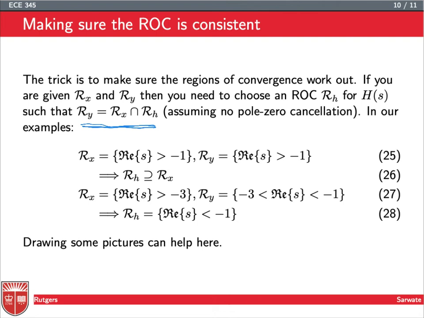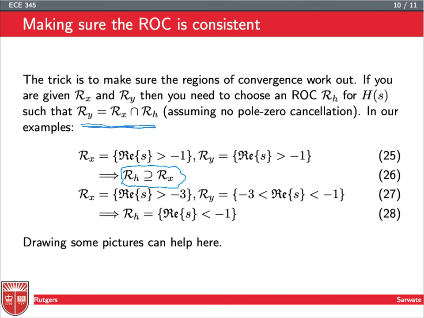So you have to first check to make sure there's no pole zero cancellation. But in our examples, we could see this. In the first example, we just needed RH to be bigger than Rx because the output Y had a region of convergence essentially equal to Rx. So RH can just be anything that's equal to Rx or bigger.